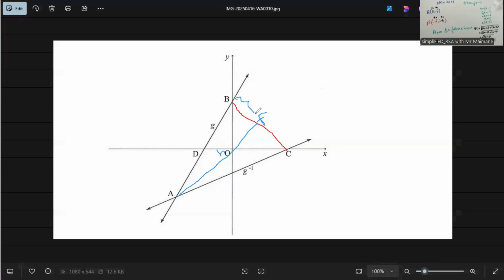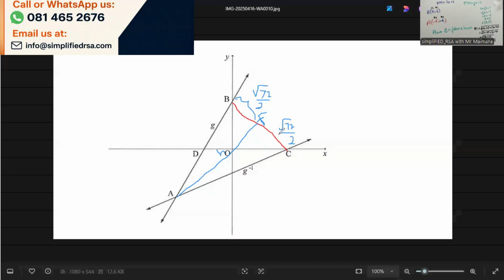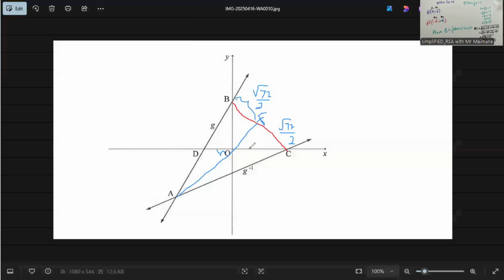Because I know that BF is going to be the square root of 72 divided by 2 because it's half of BC. Also, FC is also going to be the square root of 72 over 2. Because I have two triangles in between there, but I'm only using that because I want to get my height h. So I have side AB, I have side BF, and I can determine h. How so? Like this.